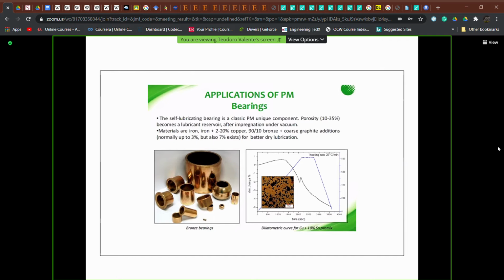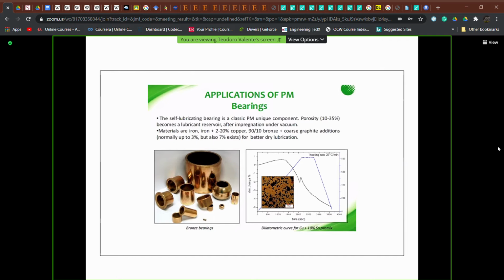But we could also decide to fabricate porous materials. In this case, our sintering step will not be made up to the end, but it will be stopped before.